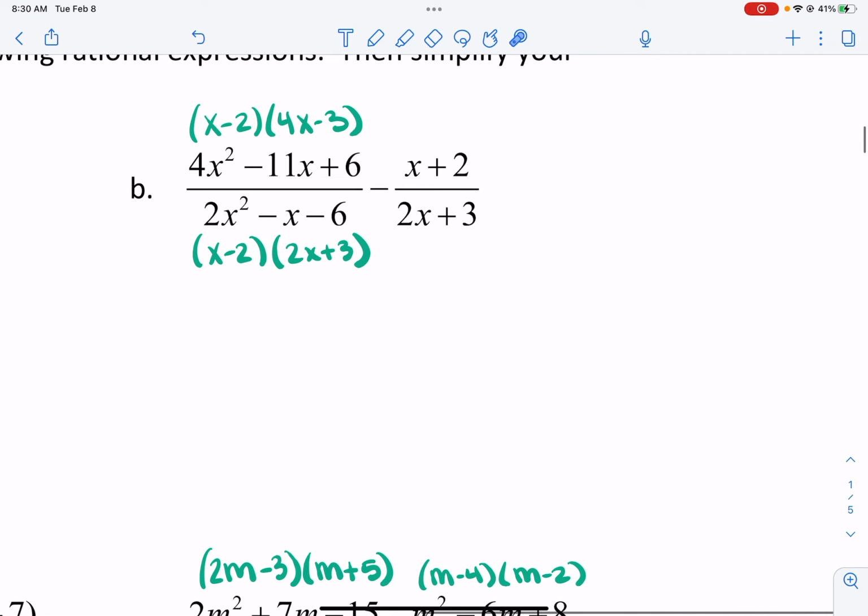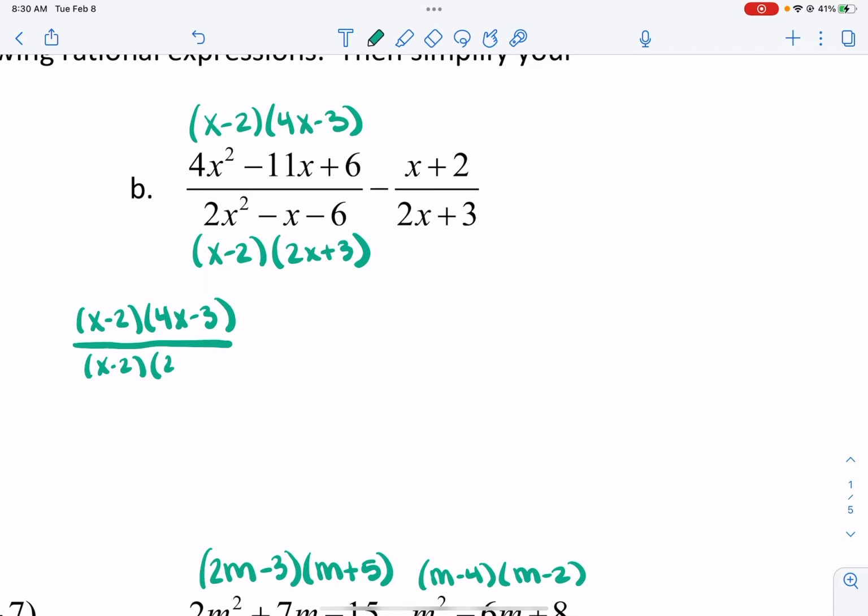So what we're going to do now is write them vertically, because that makes the most sense to me. So I'm going to have x minus 2 times 4x minus 3 all over x minus 2 times 2x plus 3, and we're subtracting x plus 2 over 2x plus 3.